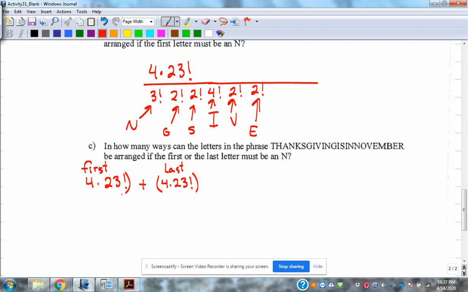So both of those are the same calculation, no matter what the arrangement is there.